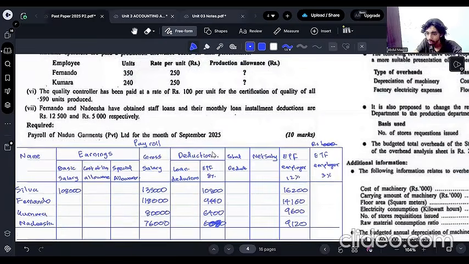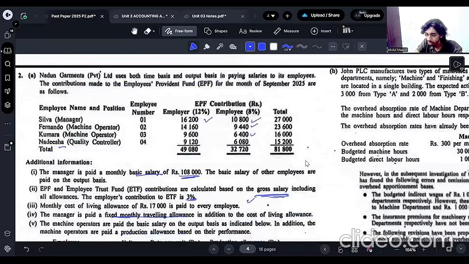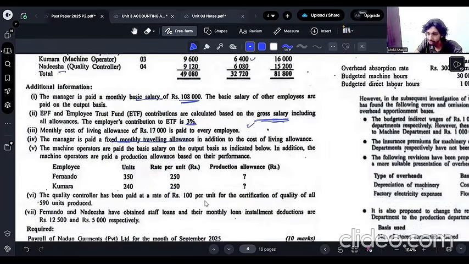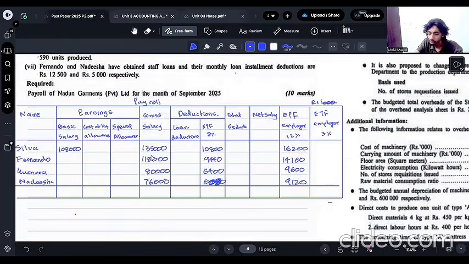The basic salary of other employees is paid on an output basis. EPF and ETF contributions are calculated based on gross salary. We can calculate ETF also. 3% of 135,000 is into 3 divided by 100, that is 4,050.